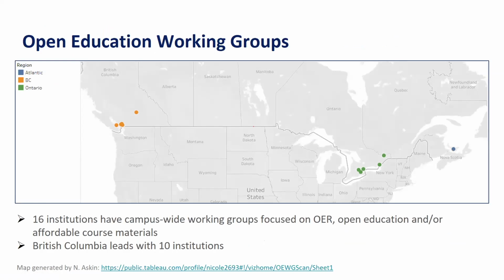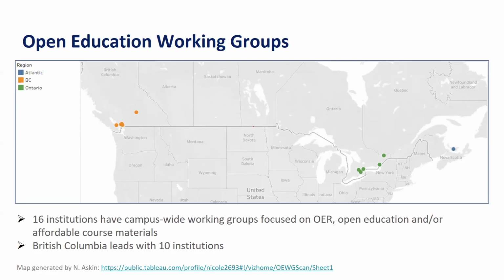In terms of open education working groups, we found that there are a number of them. We're talking about working groups that are campus-wide, and they focus on OER or open education and/or affordable course materials. We found that 16 institutions have those kinds of working groups at the time that the environmental scan was performed.